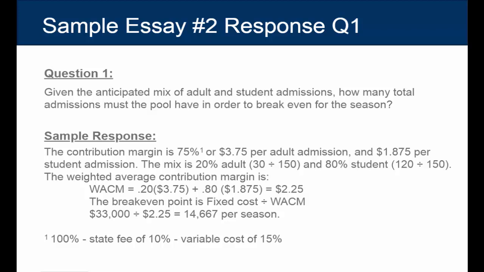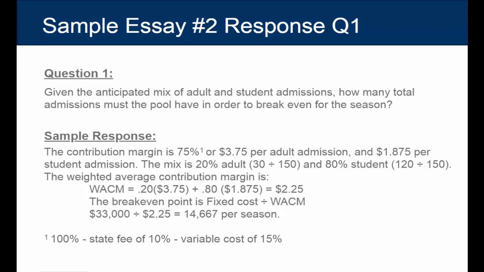Now let's look at the mixed component. We know the mix of adults to students because we were given the budget, which is the anticipated mix. Taking the proportion of the anticipated adult admissions to the student admissions will allow us to weight the contribution margin. Since 30 of the 150 total admissions are anticipated to be adult admissions, and 120 of the 150 are anticipated to be student admissions, we have a weighting of 20% adults and 80% students.